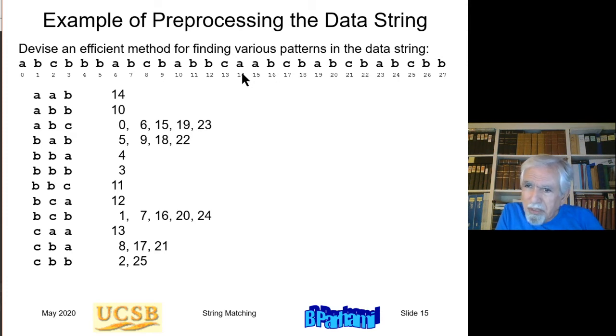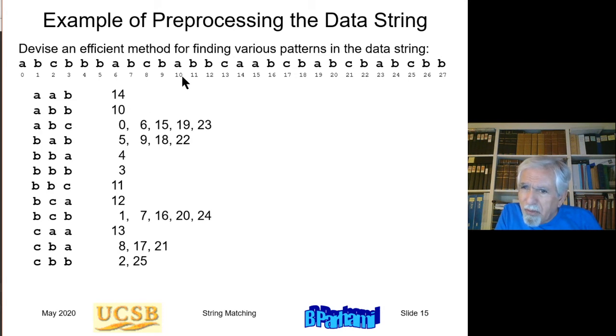So in this string, there's a position. In the case of Google indices, that would be a website address. Okay, AAB exists in that particular website. Okay, there's just one occurrence at location 14, so the index is constructed accordingly.